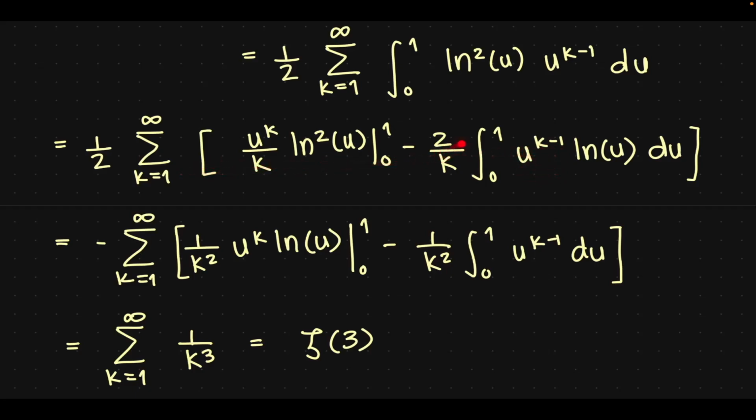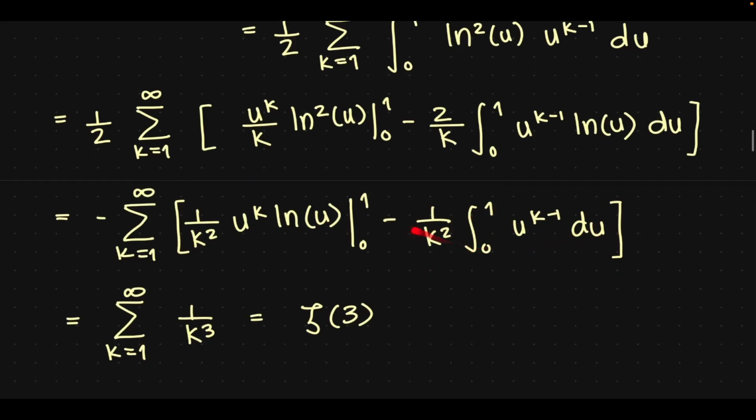So the 1/2 and the 2 will cancel. So we have minus the sum from k equals 1 to infinity of 1 over k squared times u to the k ln u from 0 to 1, minus 1 over k squared times the integral from 0 to 1 of u to the k minus 1 du. You must be quite familiar with this kind of integration by parts manipulation if you've been on this channel as an avid viewer for a significantly long time.